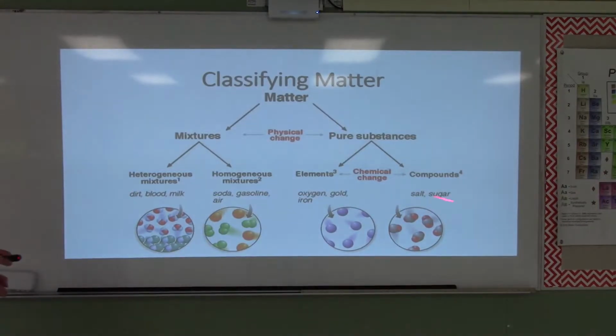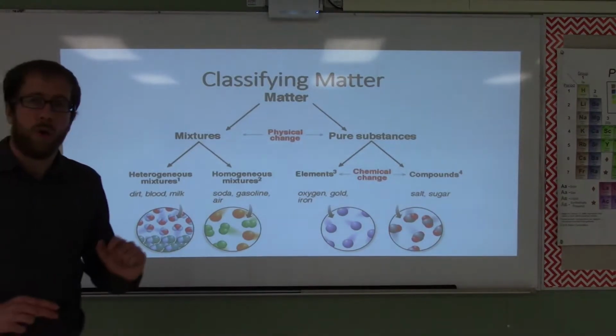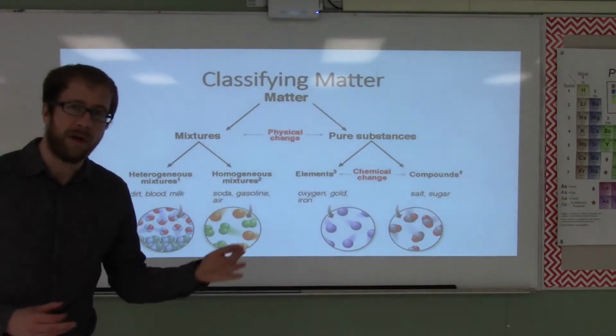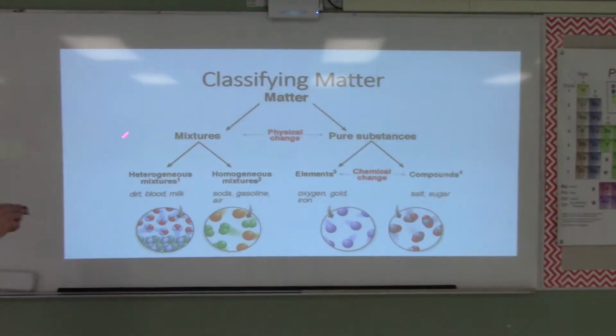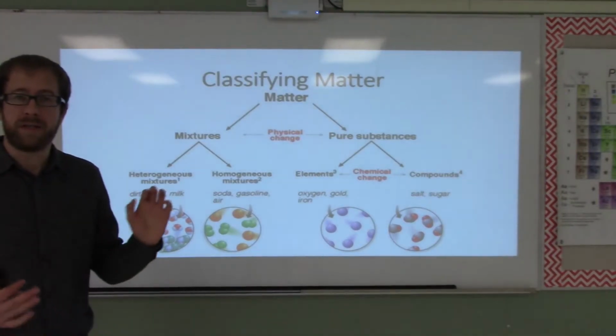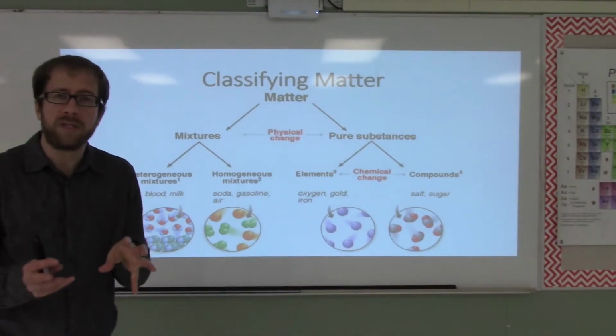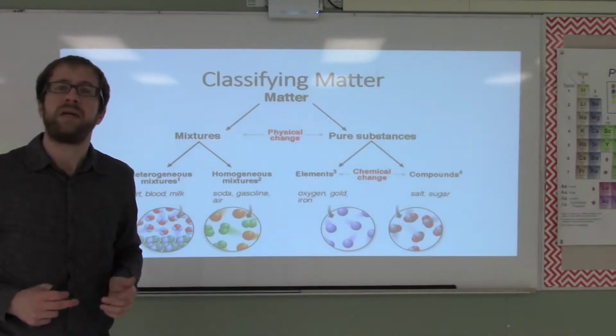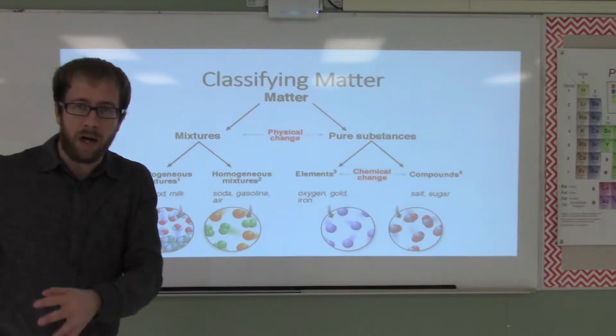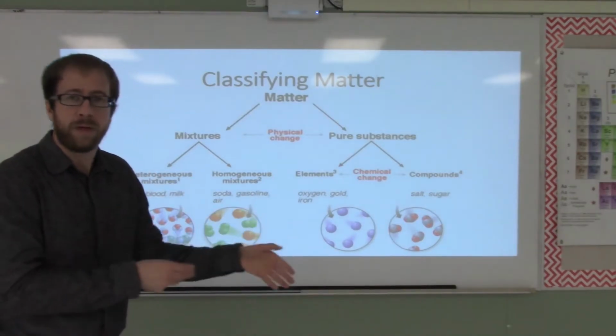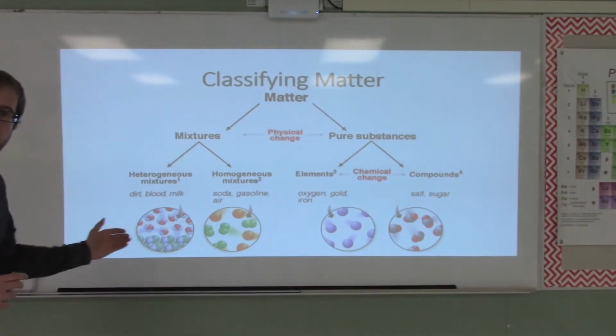So again, pure substances are one thing, either element or compound, and mixtures are going to be different elements together or different compounds together, and they can either be the same throughout or different throughout, homogeneous or heterogeneous.